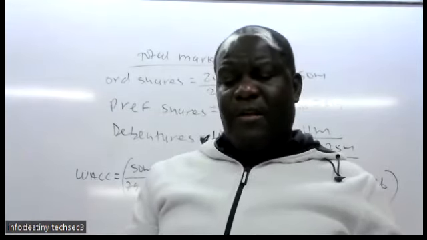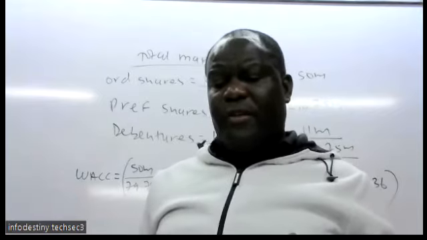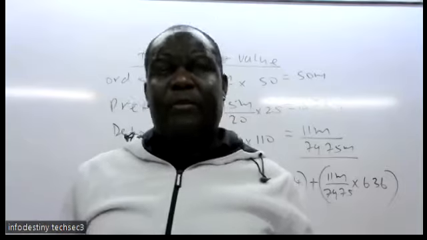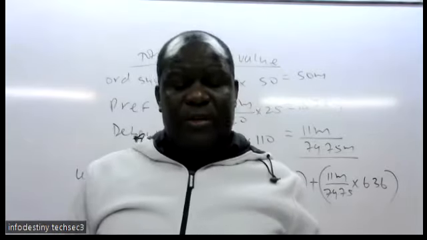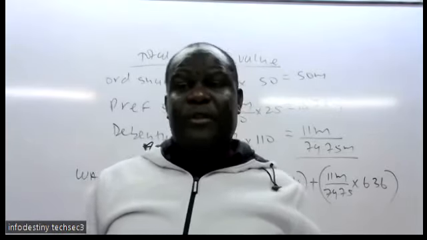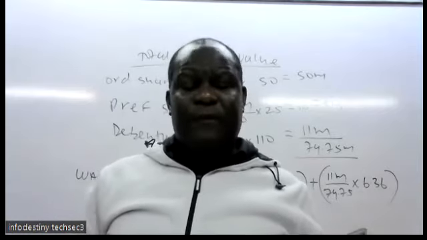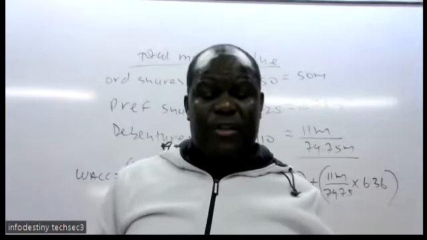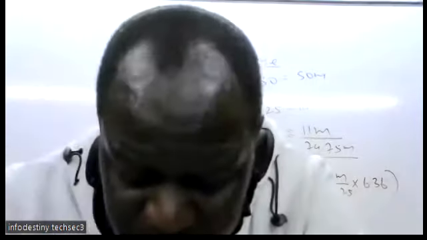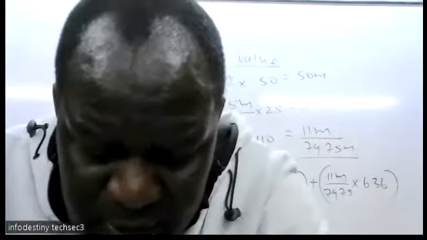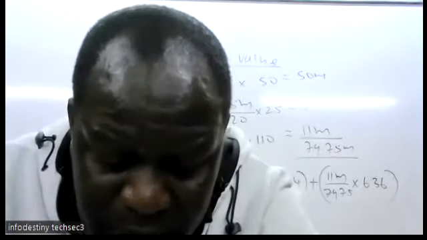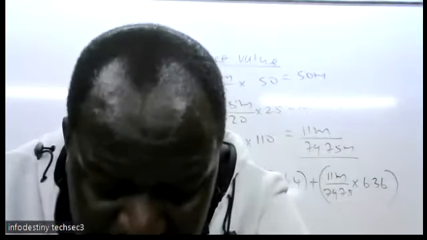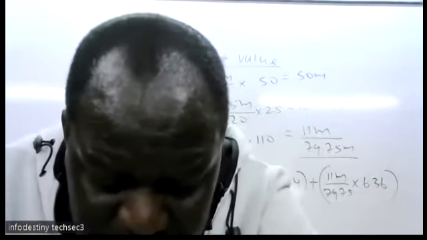reads that the following information was extracted from the books of Doming General Merchandise Limited. The statement of the financial position as at 31st December 2019 is given as follows. Non-current assets is given, investments is given, current assets less current liabilities, total assets.